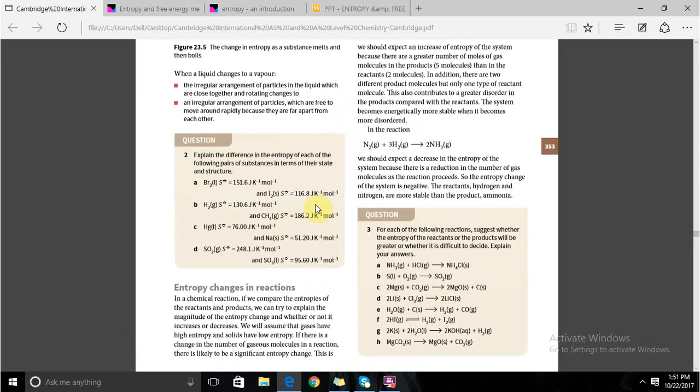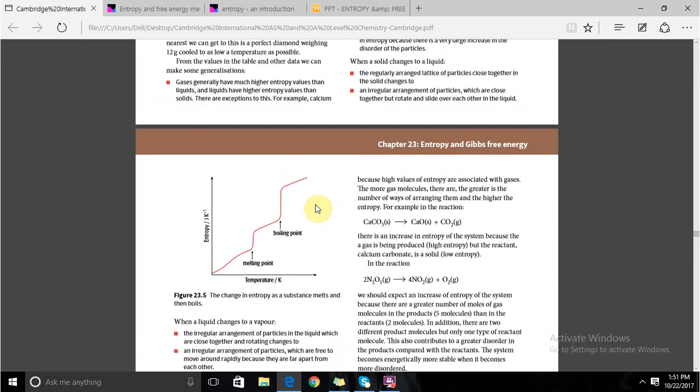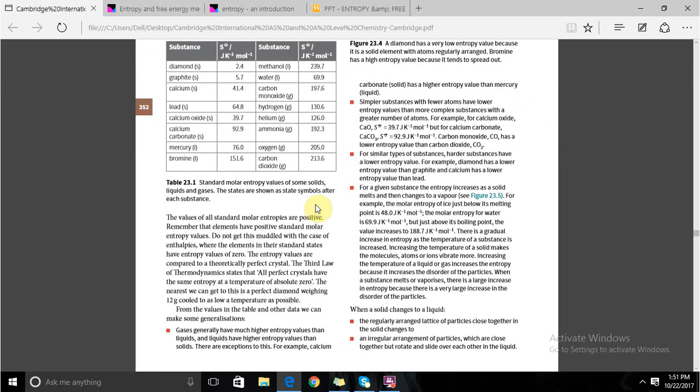Now when we talk about entropy changes in reactions, previously we talked about the standard molar entropies of an element or a compound, the fact that they were always positive, why we called them standard and molar, and also why there were different entropies for different substances, and how the entropy values link with state, with the temperature, with the number of atoms, stuff like that.